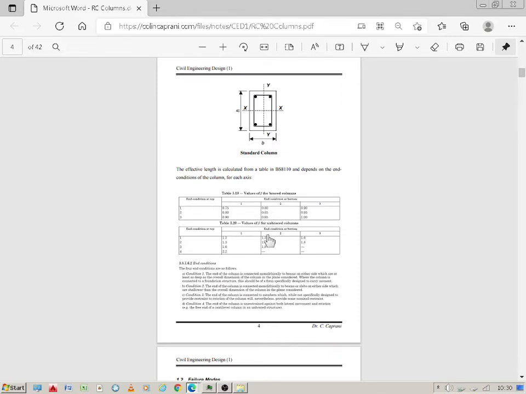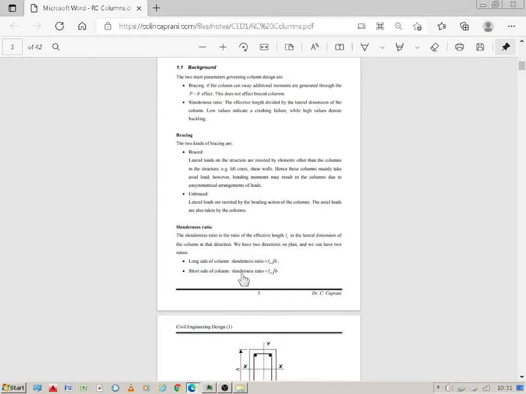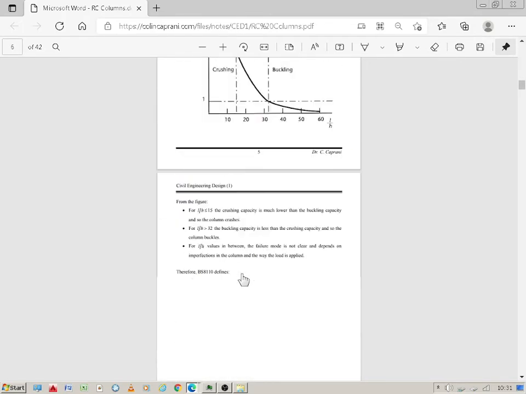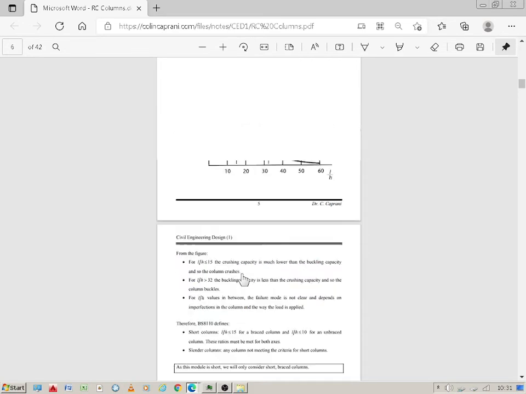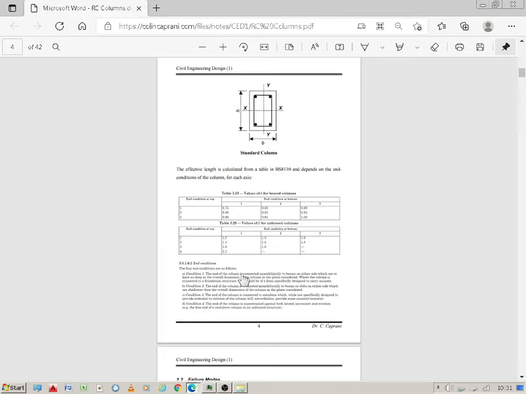The effective length is calculated from a table in BS8110 and depends on the end conditions of the column for each axis. The reason why we're trying to find this is that you've got two types of column, short and slender columns, and if the effective length divided by the width or depth of the column is less than a certain value, then it's classified as a different type of column.